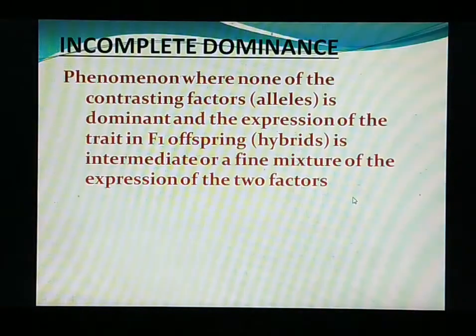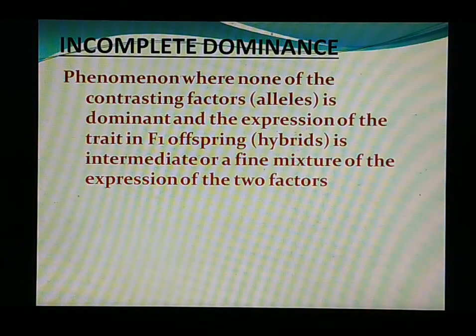Okay, so how do we define incomplete dominance? It is the phenomenon where none of the contrasting factors or alleles is dominant. We have seen that the dominant factor doesn't dominate over the recessive one. So the expression of the trait in the F1 generation or F1 offspring, though it is hybrid, is the intermediate one.